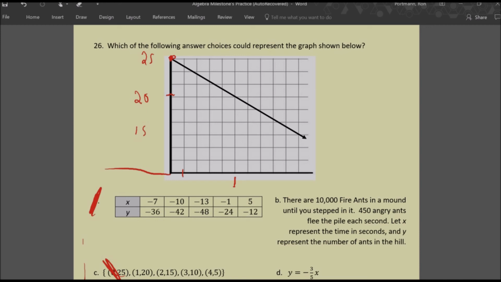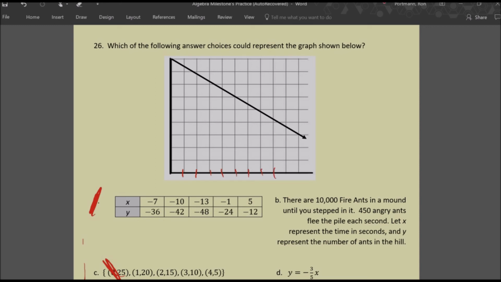It says there are 10,000 fire ants in a mound until you stepped in it. 450 angry ants flee the pile every second. Let X represent the time in seconds. So these are seconds down here. And every second, 450 of those little buggers come running out of there, ready to bite you.